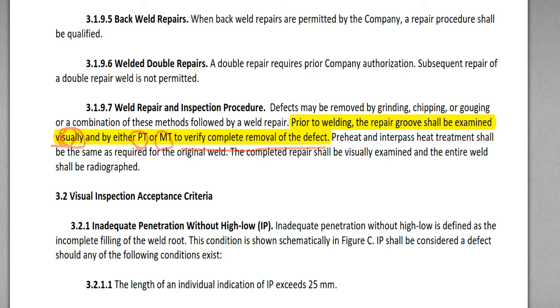I highlighted this sentence because it is very, very important. Why? Because this is an actual CWI Part B exam question. In the actual question, you see the words prior to welding. When the pipeline application is applied, prior to welding, what kind of inspection do you need to do for the pipe weld repair prior to welding?